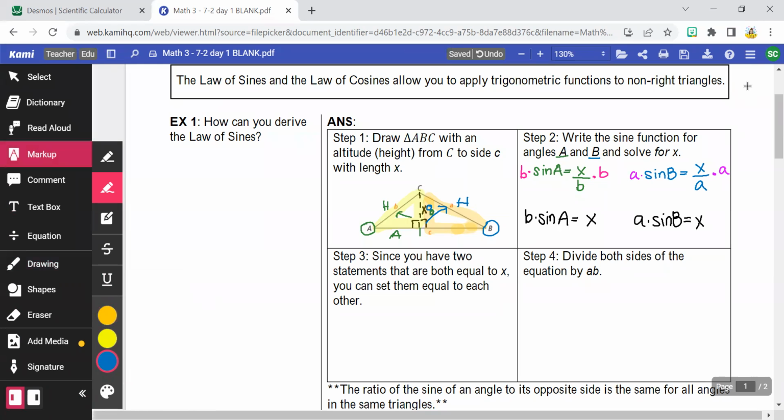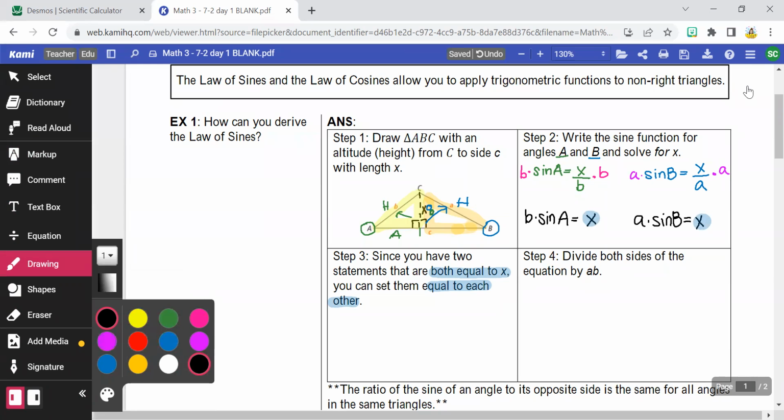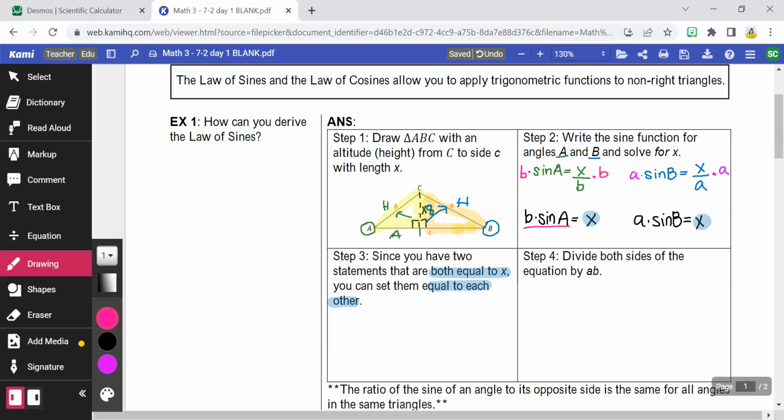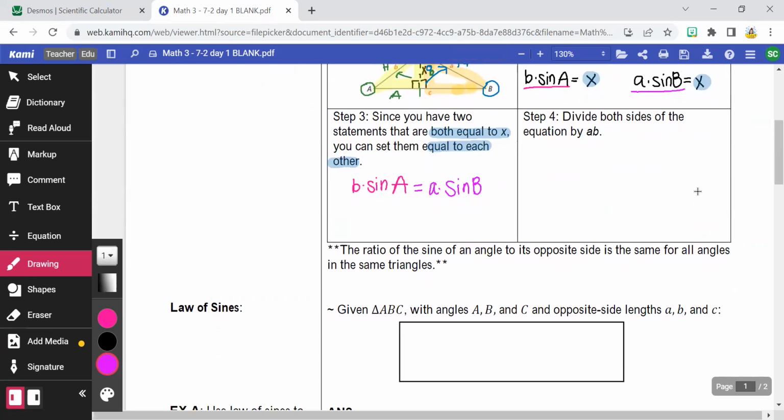Since I have two statements that are both equal to X, they want us to set them equal to each other. So I'm going to set B times sine of A equal to A times sine of B. The last step is asking us to divide both sides of the equation by AB.